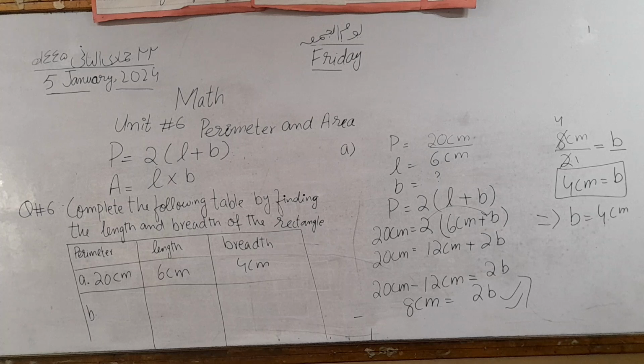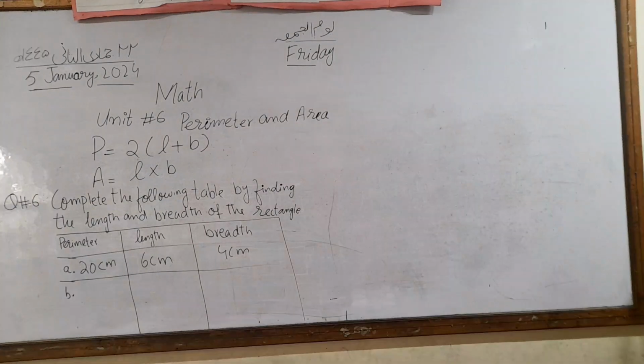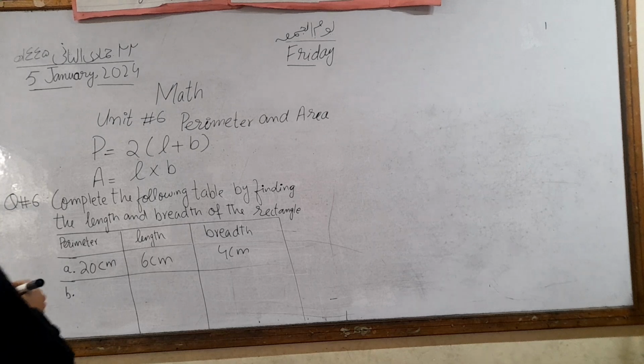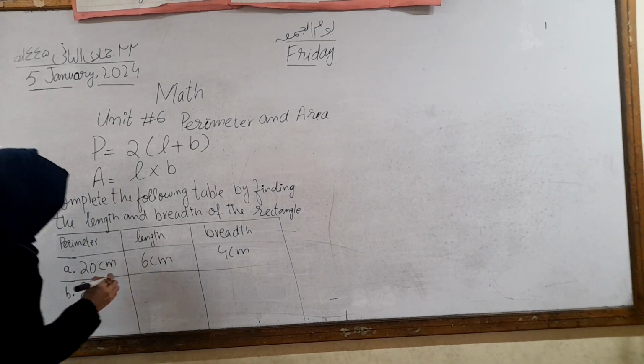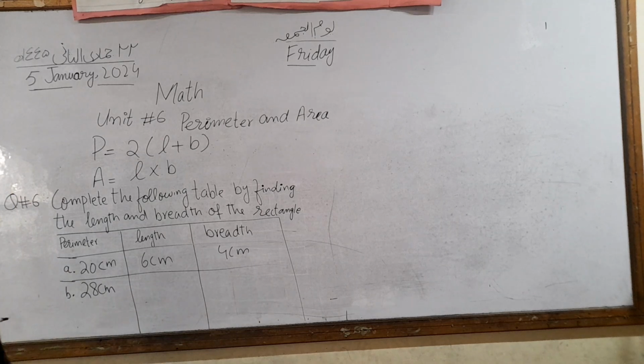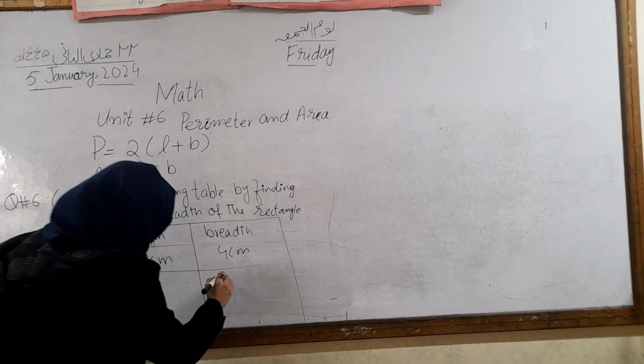Now we're moving toward the B part. In the B part, class, we have perimeter is 28 centimeter, length we have to find, and the breadth is 5 centimeter.